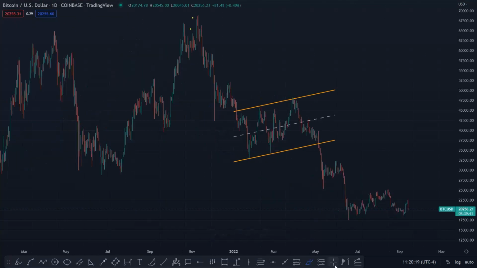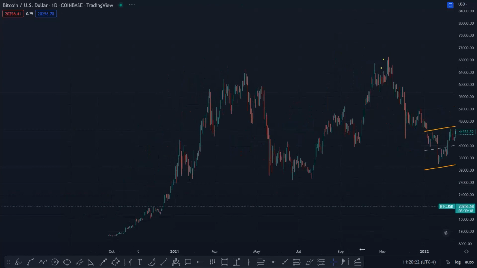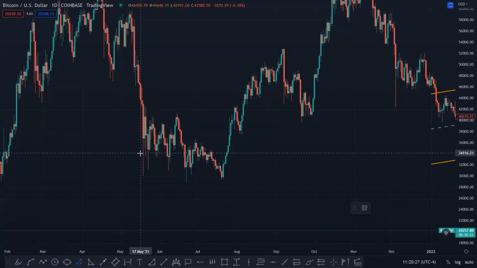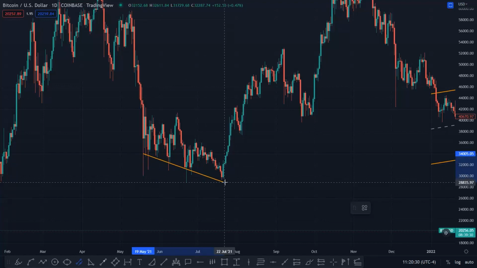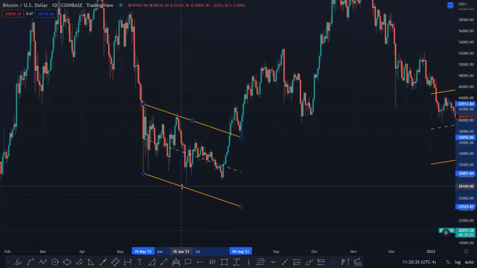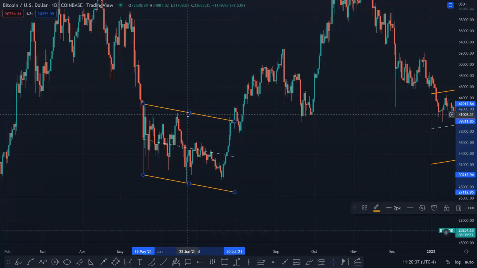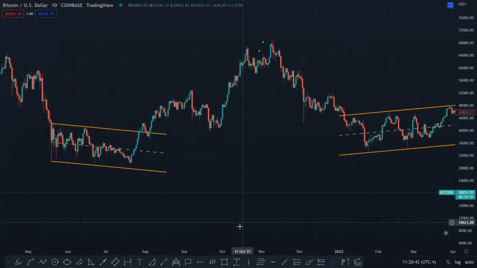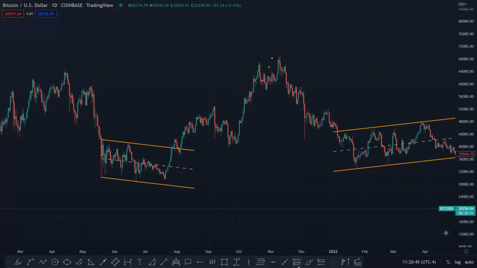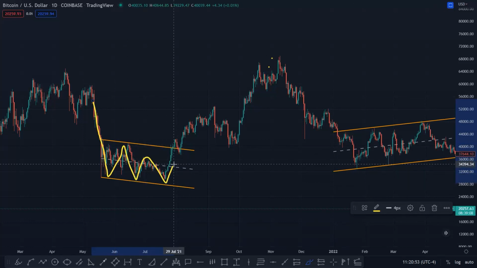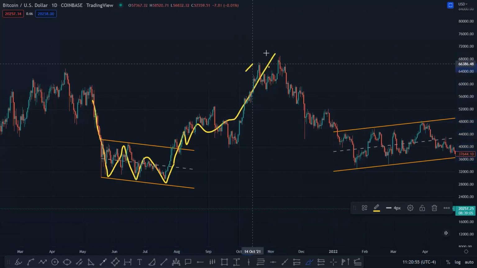I remember that one of the influencers on Twitter, in one of the shows, said that this is another flag, in my opinion, this one. The difference between this flag and those flags, I'm gonna show you a beautiful one. There's a difference between these two types of flags. In this one, you're just making lower low, lower high, lower low, lower high, lower low, and the price will break it to the upside.